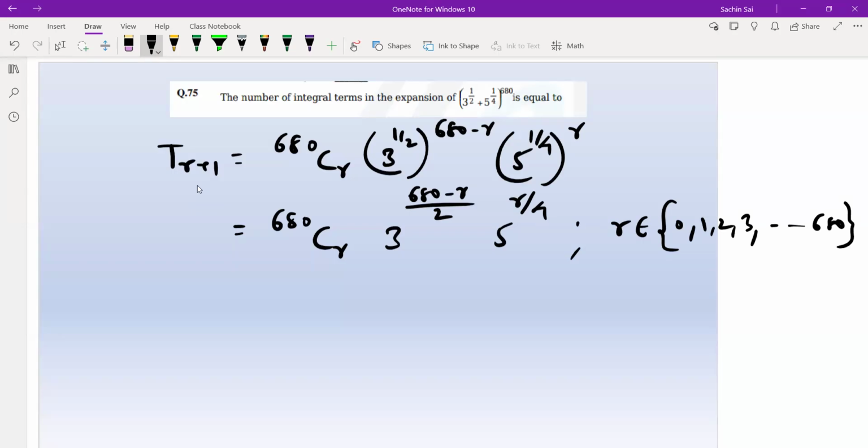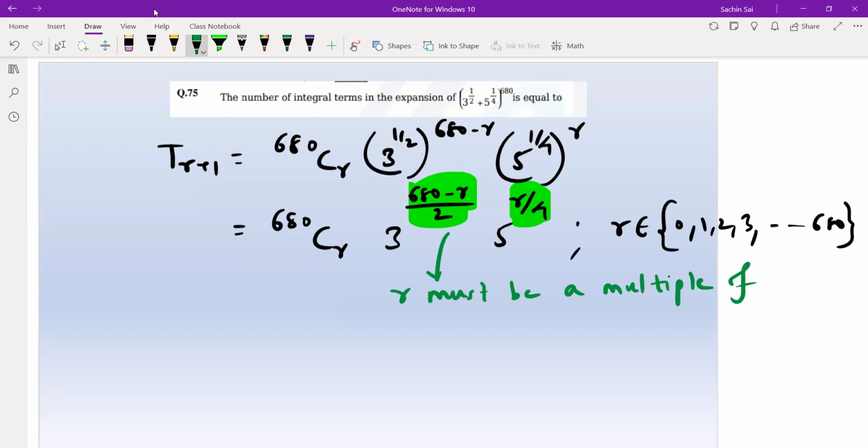But for this term to be an integer, (680 minus R) by 2 must be an integer, and R by 4 must also be an integer. This means that R must be a multiple of 4. So what are the multiples of 4 within the set that is given to us?